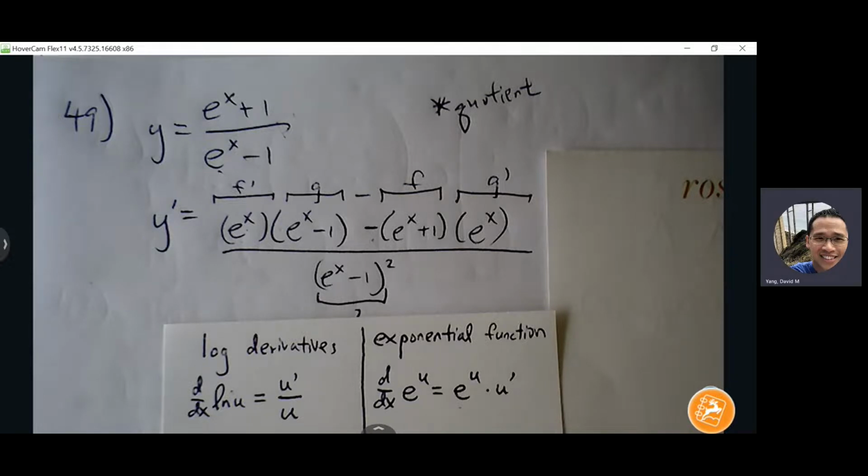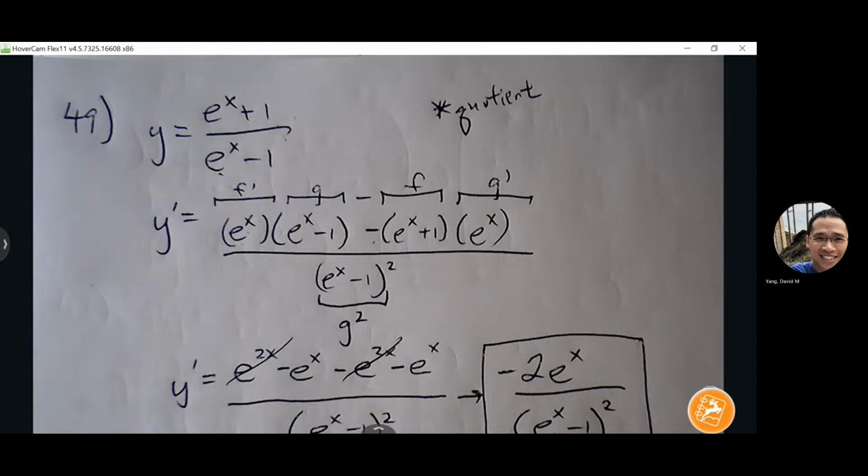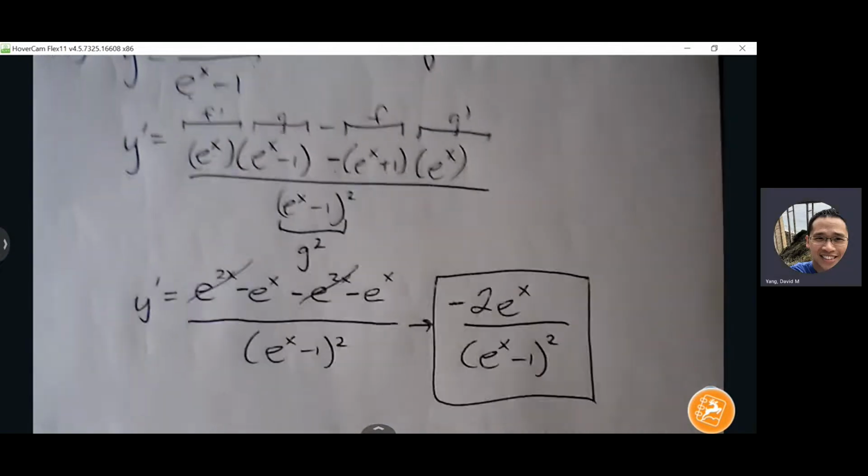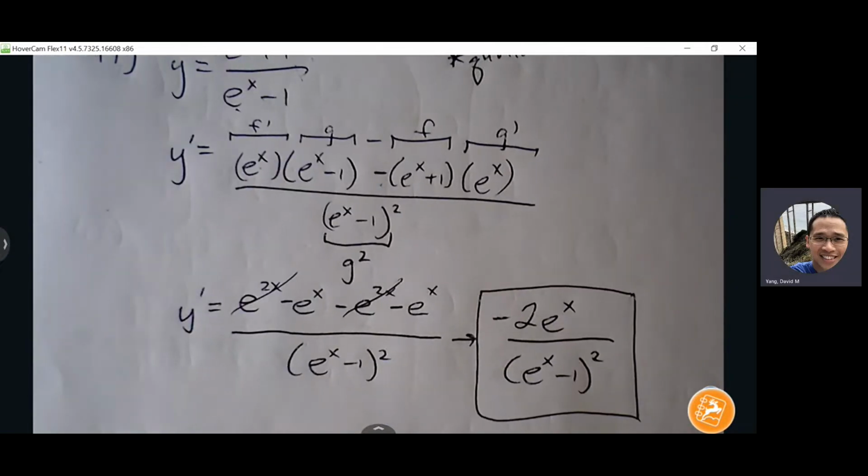We add the exponents. So e to the x times e to the x is e to the 2x. Okay, so after we combine all those terms, get rid of the parentheses, combine, we just get negative e to the 2x over e to the x minus 1 squared.